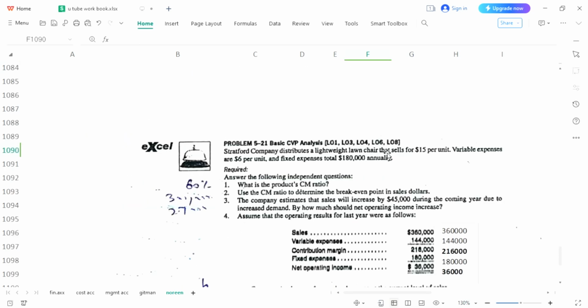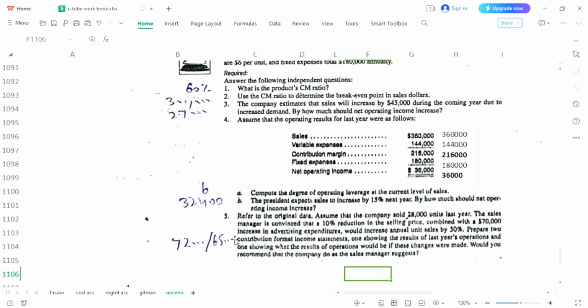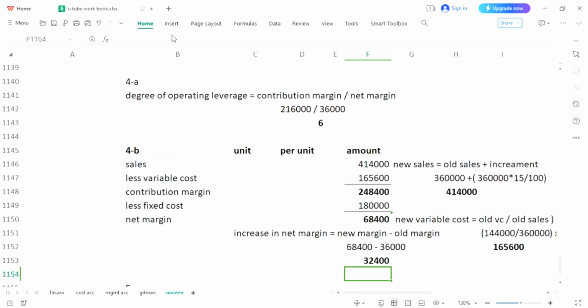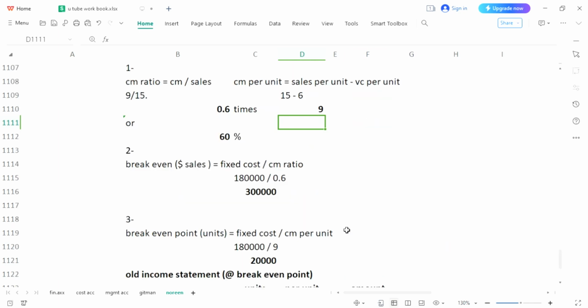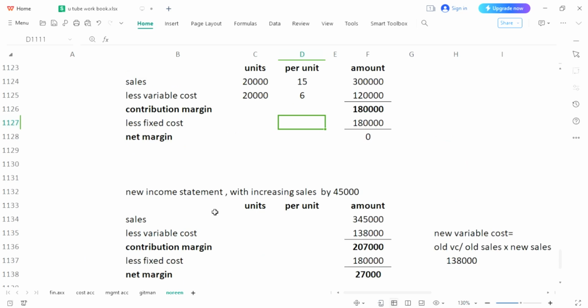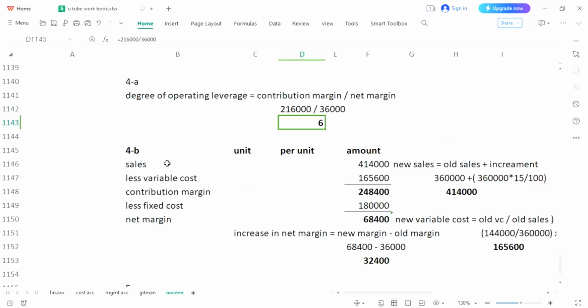Good. And then fourth was having A part as sixth answer. This is your fourth A part, answer is 6. Okay, we have completed. Then fourth B part has 32,400. Fourth B was here and 32,400. This has also been solved.